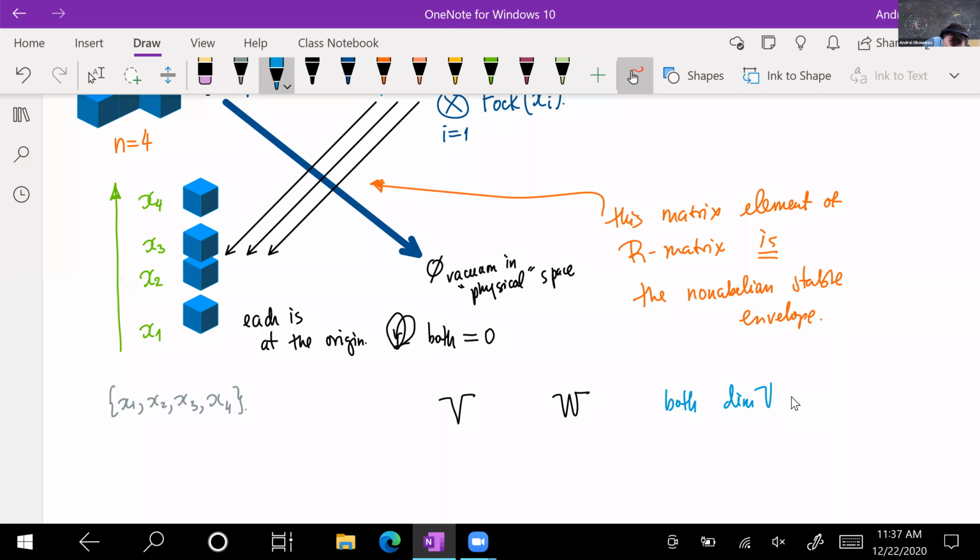Both dimension V and dimension W equal 4. And then here I have my loop maps, which both vanish. This map is an isomorphism, because this is a quotient.